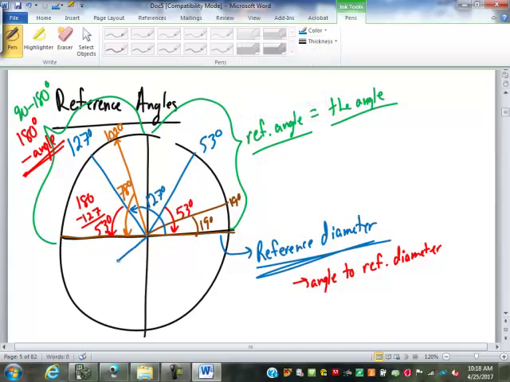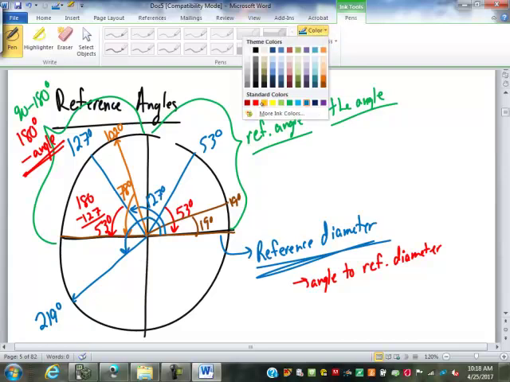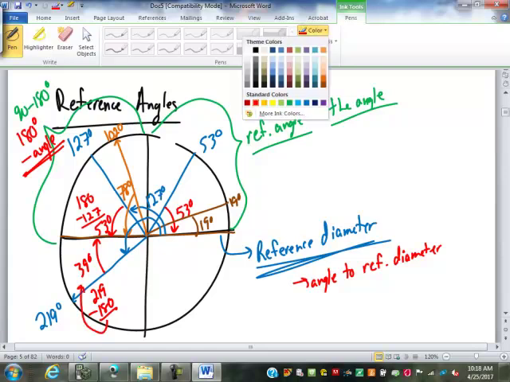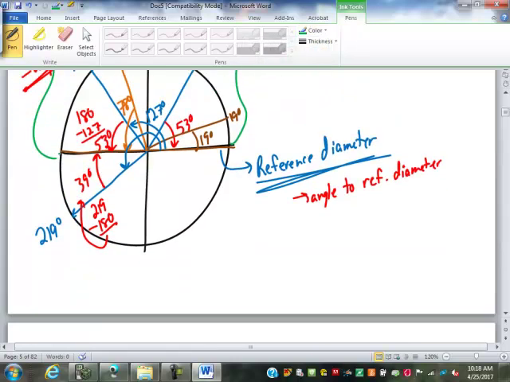If we have a 219 degree angle, that 219 degrees is right here. My reference angle is going to be here, back to the closest horizontal. What's that angle going to be? 39. In other words, it's going to be 219 minus 180. So in this quadrant, from 180 degrees to 270 degrees, it's going to be the angle minus 180 degrees.